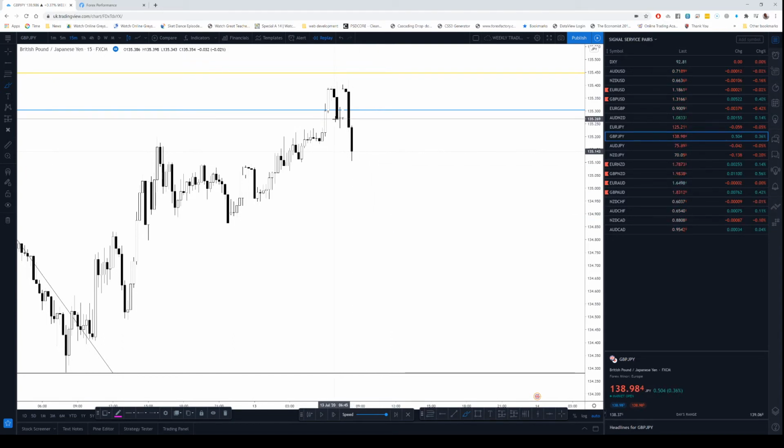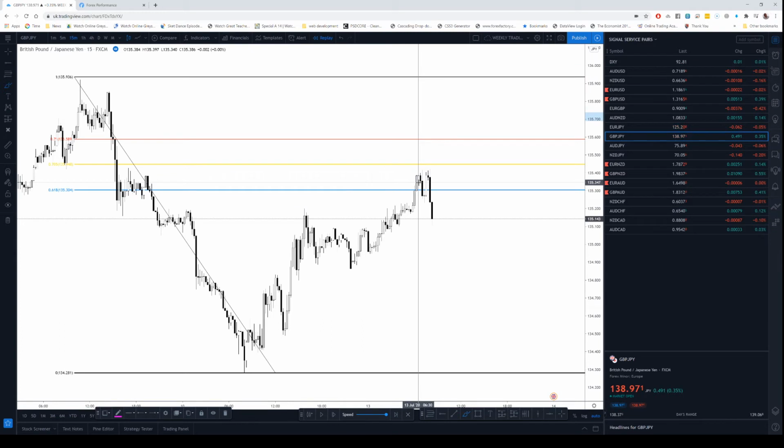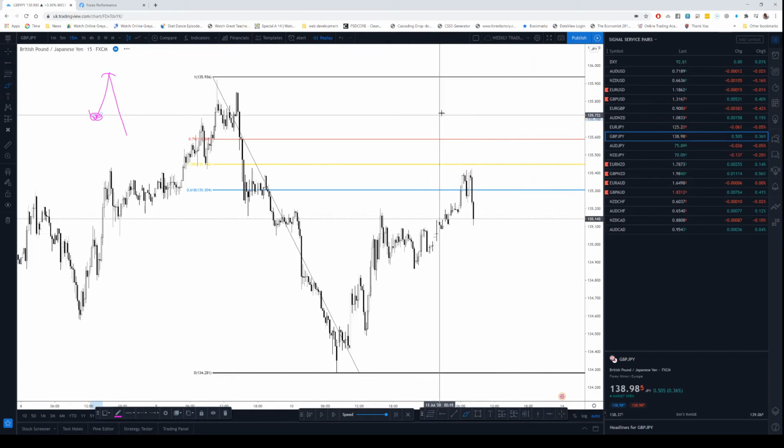So you're now going to go in and start applying whatever you need to apply to start looking for a sell. Now, like I said, this is what makes it harder, because in this range price can still trade all the way up there and still be bearish.